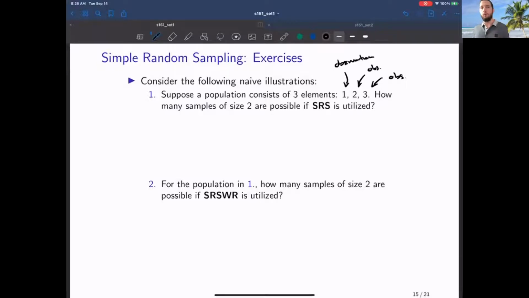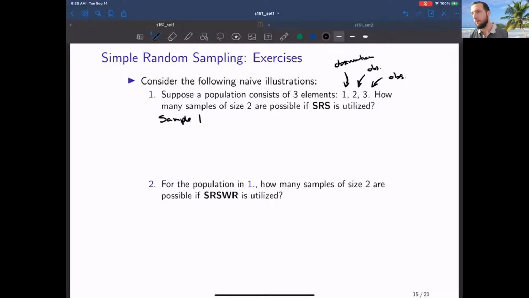Now let's suppose that we are going to collect simple random samples of size 2. So from the 3 people, we are selecting 2 persons. How many different samples are possible under this scheme? All right, so sample number 1.